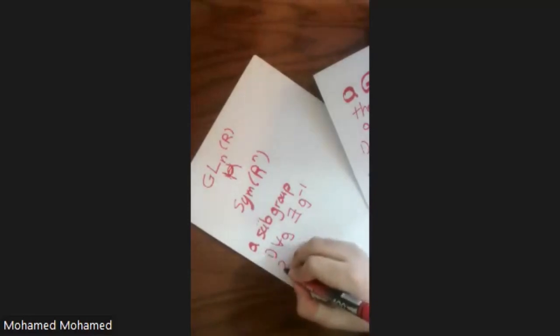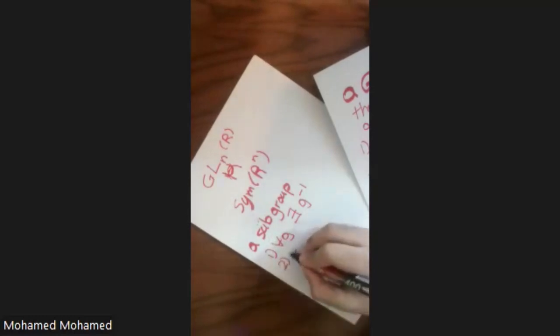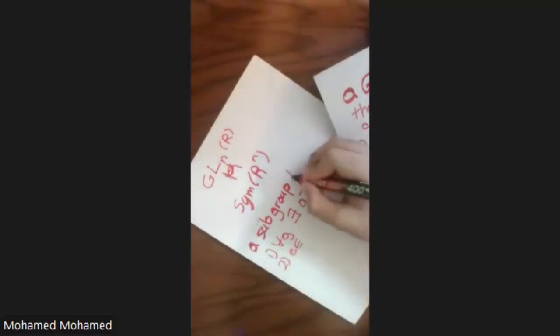We don't need to write that, and the identity is in the subgroup H. The third condition is closure under composition.